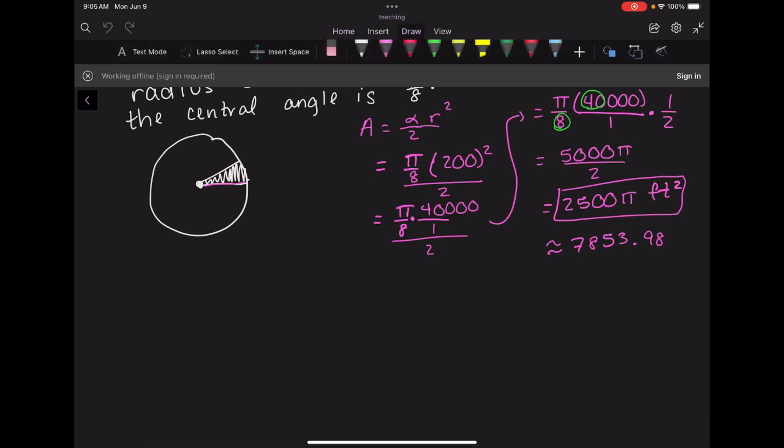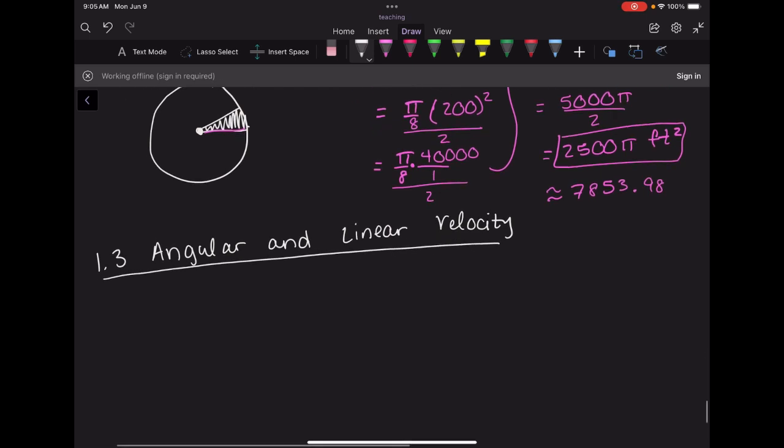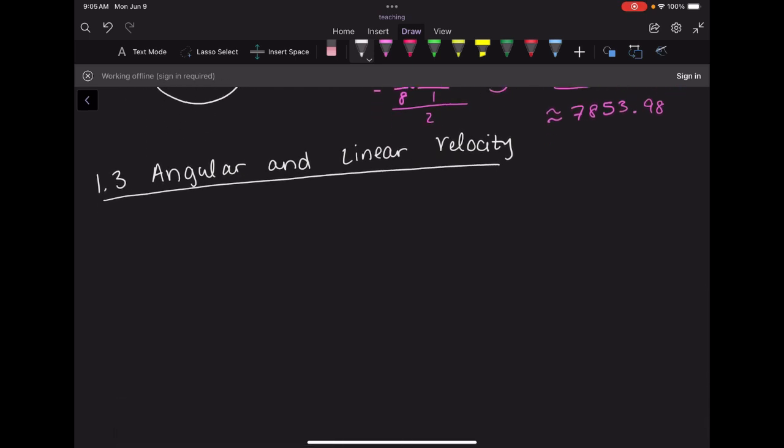So today we're going to be doing 1.3, well, this video, 1.3. And 1.3 is angular and linear velocity. This one's not too long of a section.